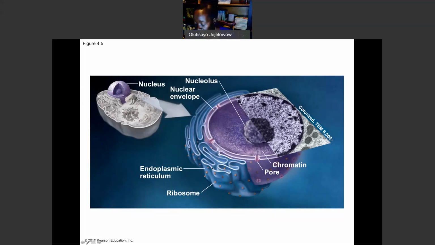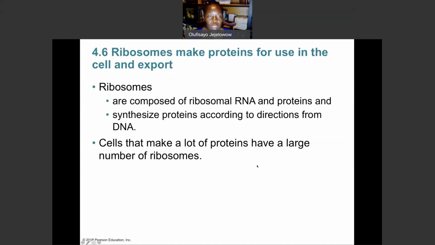further processing. But let's recap parts of the nucleus: chromatin, nucleolus, nuclear envelope, nuclear pore. The ribosomes are composed of ribosomal RNA and proteins, and they synthesize proteins according to directions of the DNA.